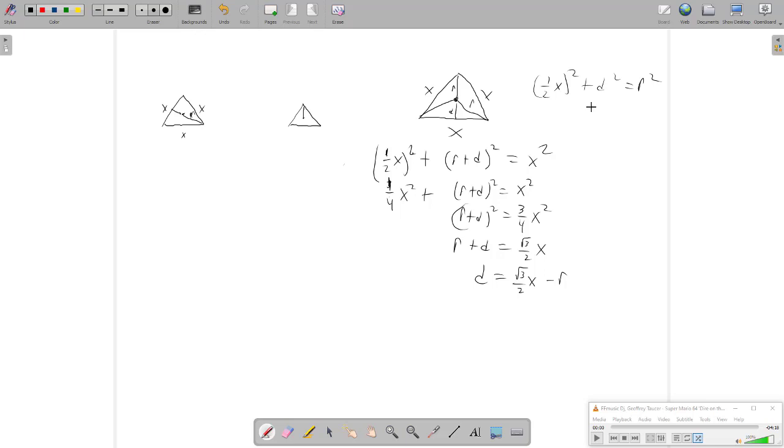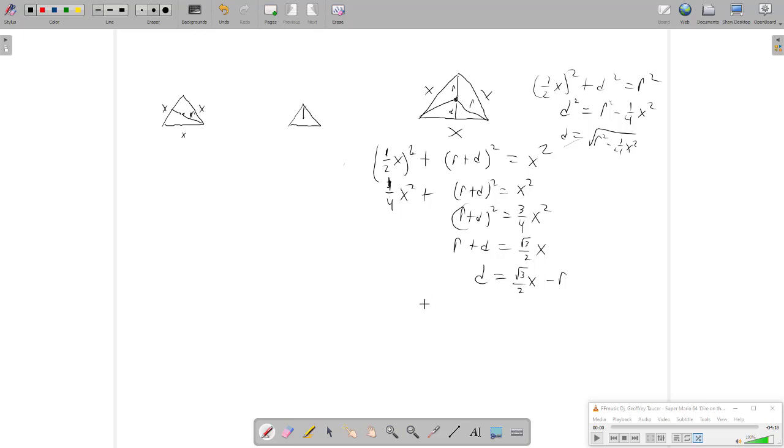In fact, this is much easier to work with. So d squared equals r squared minus 1/4 x squared. So d is the square root of r squared minus 1/4 x squared.